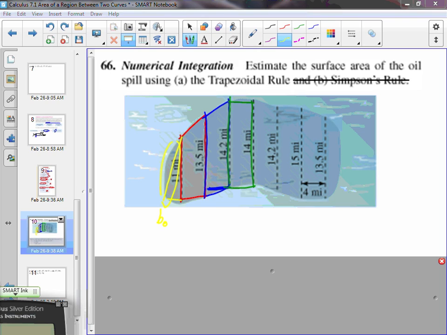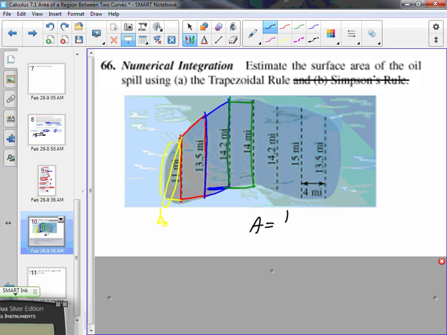So let's remember how the trapezoidal rule is going to work. Remember that the bases are the sides that are parallel to each other. The height is a segment that's perpendicular to each of the bases. So the height of each of these is 4 miles, isn't it? But look, here's your general formula.